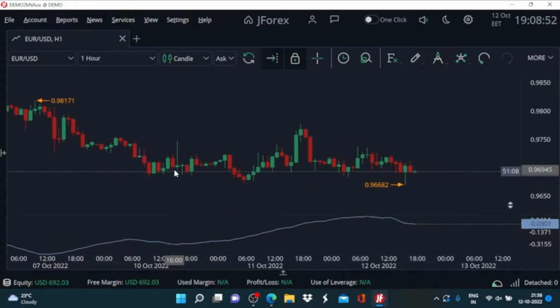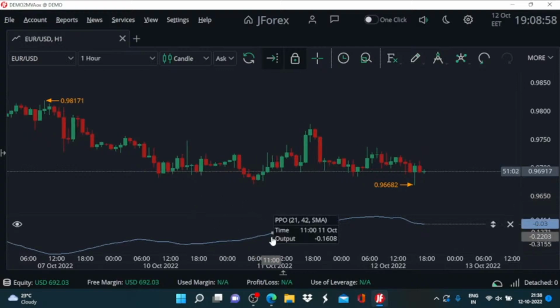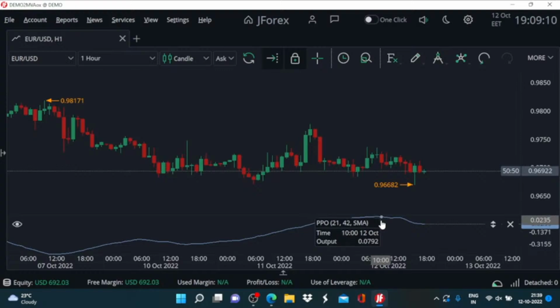And as the price action went sideways, we saw the PPO starting to rise and eventually it crossed above zero. And we saw some sharp move on the upside also, but that momentum wasn't really sustained. So eventually, in coming hours, again, this output of the PPO stalled, it started to decline gradually and inched back on the lower side.